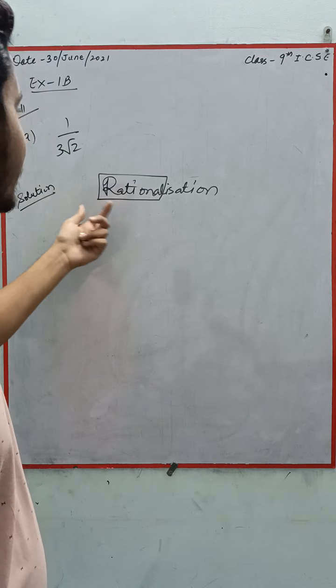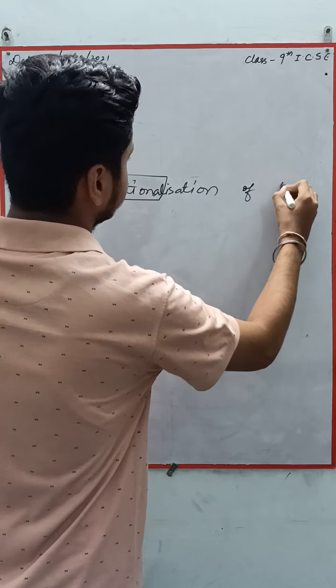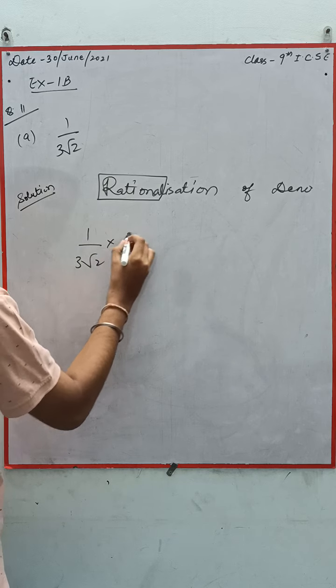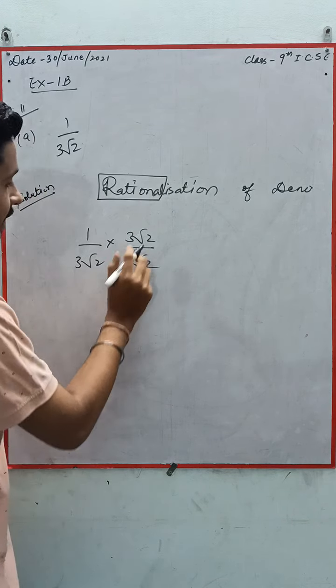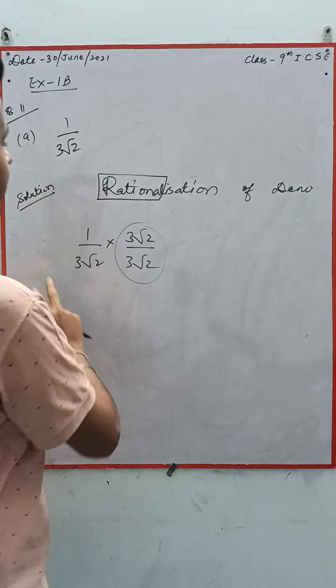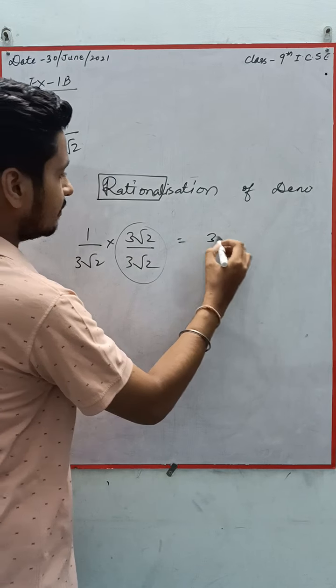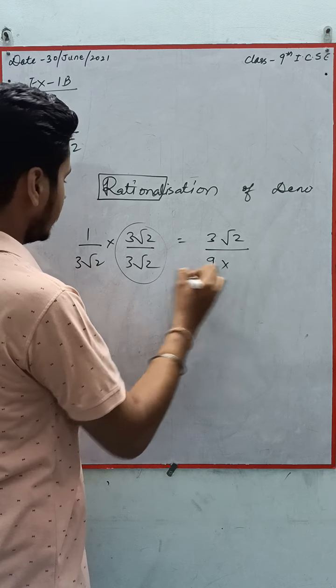So rationalization of denominator means that whatever the denominator is given to you, we are trying to multiply that in the numerator and denominator. That means this is the quantity which is the rationalization of the denominator, which is in P by Q form, isn't it?